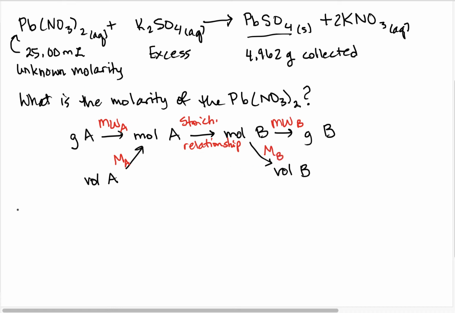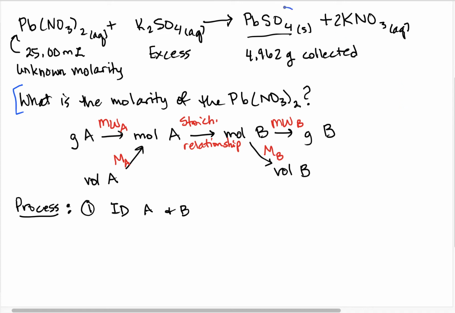So the process is what I really want you to focus on here, okay? When you solve these problems, this is your process. The first step is to identify our A and our B chemicals, okay? So look at the chemicals and this question: what is the molarity of the lead nitrate? What kind of information do we have?